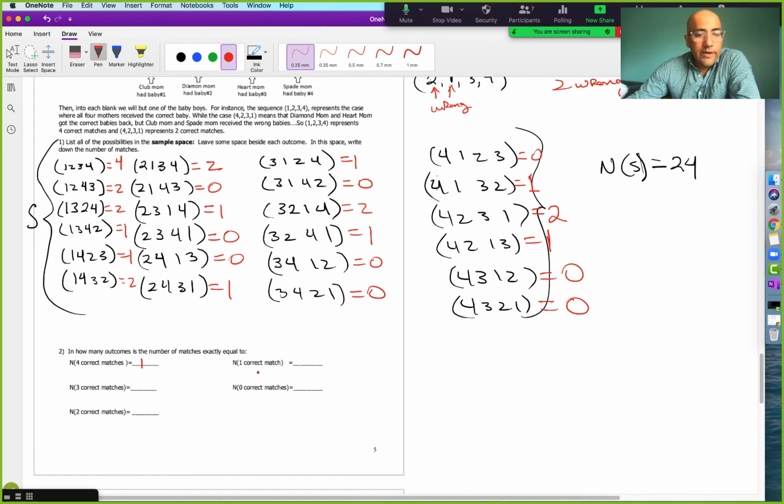Okay, number of ways in which there was exactly 1 correct match. Okay, let's count them. 1, 2, 3, 4, 5, 6, 7, 8. So I got 8 times there was exactly 1 correct match. Number of times there were 0 matches. 1, 2, 3, 4, 5, 6, 7, 8, 9.